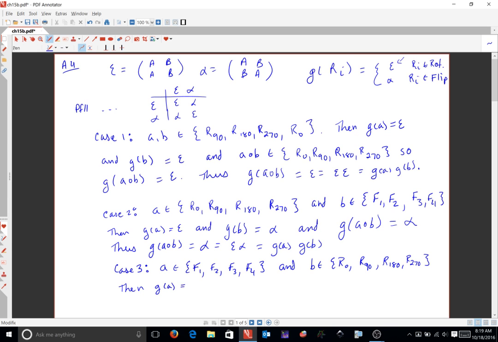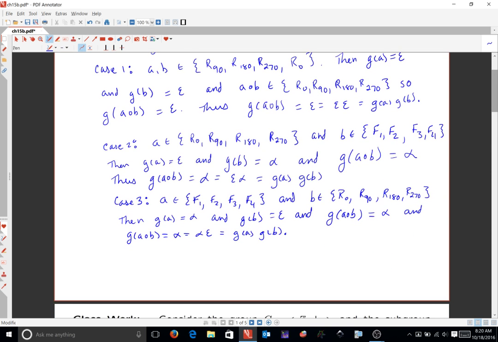Then G of A is equal to alpha, and G of B is equal to epsilon, and G of A composed of B. Now you're doing the rotation first, and then the flip second, but still it stays as a flip. It leaves the opposite side of the page up, so you get an alpha for that. And G of A composed of B equals alpha is equal to alpha epsilon is equal to G of A, G of B.